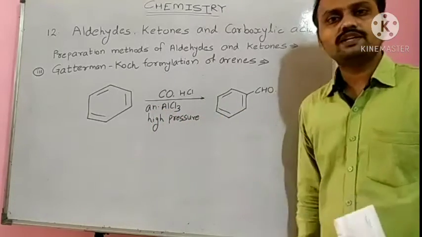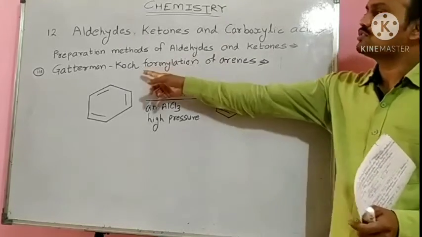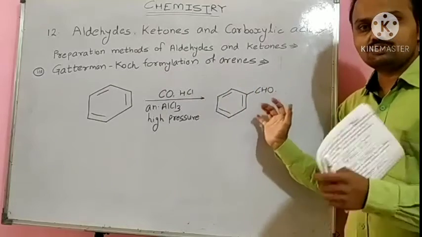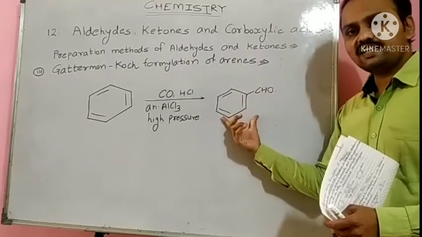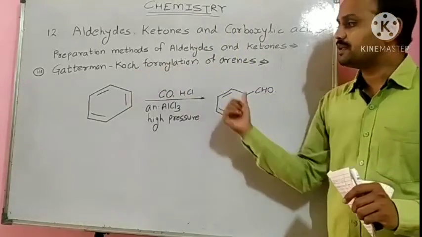And what do we get? We get benzaldehyde, because Gattermann-Koch formylation gives benzaldehyde or the corresponding substituted benzaldehyde.